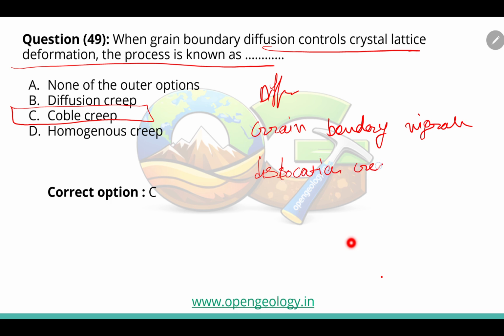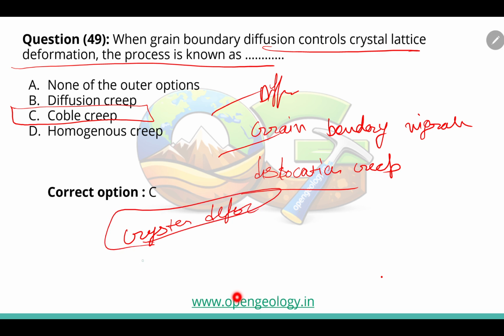All of these terms you should remember. They are part of crystal deformation, and it is also mentioned in J.D. Winter in terms of metamorphism. So you should learn all of these three things.